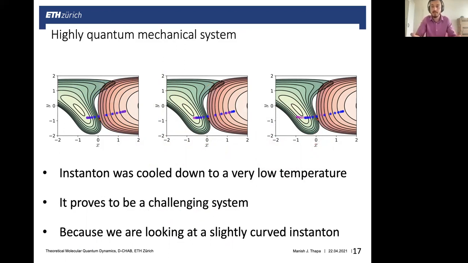There's only one instanton in this system, and because it's slightly curved, for some reason it is difficult for other approaches to treat it. And we found that for, again, a wide range of imaginary time splits, it samples the region around this transition state, right? This red cross.